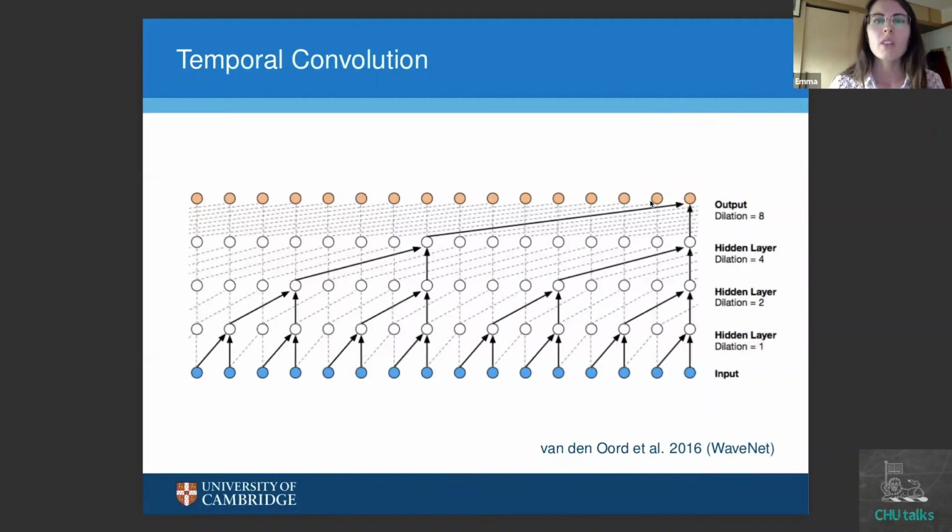Okay, so now I'm moving on to the methods that we're using. Apologies if you're not so familiar with diagrams of networks, but I'm going to try and give a higher level overview of what's going on. So along the bottom here, we have our time series.